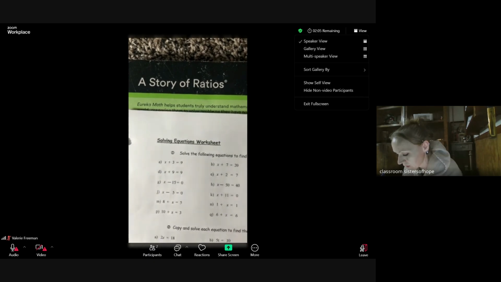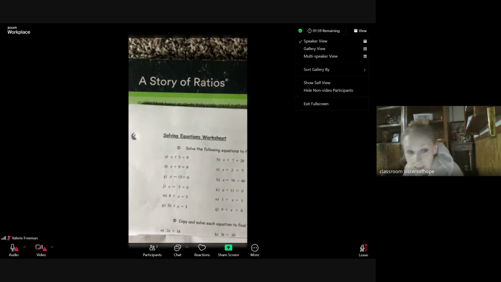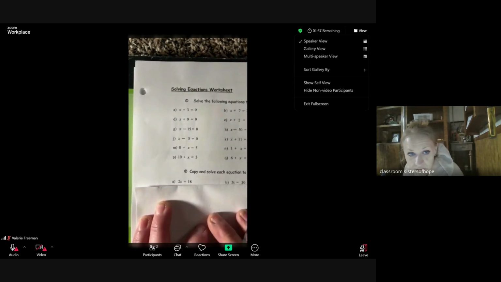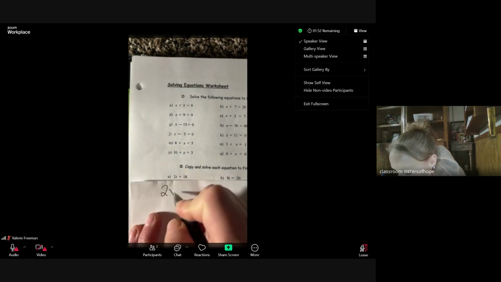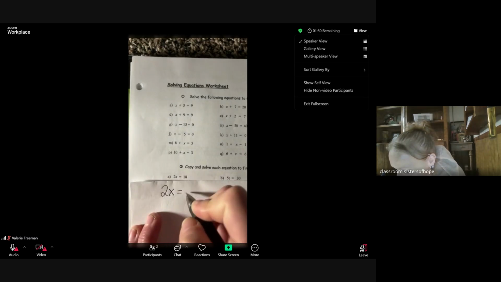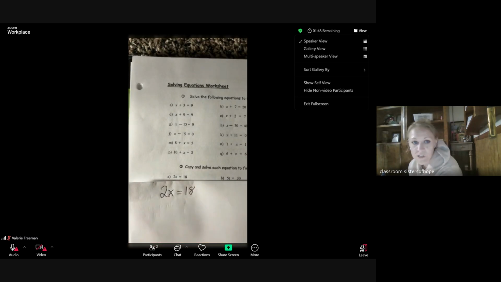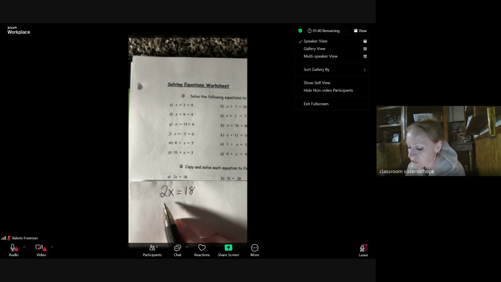Okay, so looking at A down here, and I know that's kind of tiny, it's got a 2 and an x right next to each other equals 18. Now, when we went over order of operations last week, we talked about what it means when a letter and a number are smushed up next to each other.